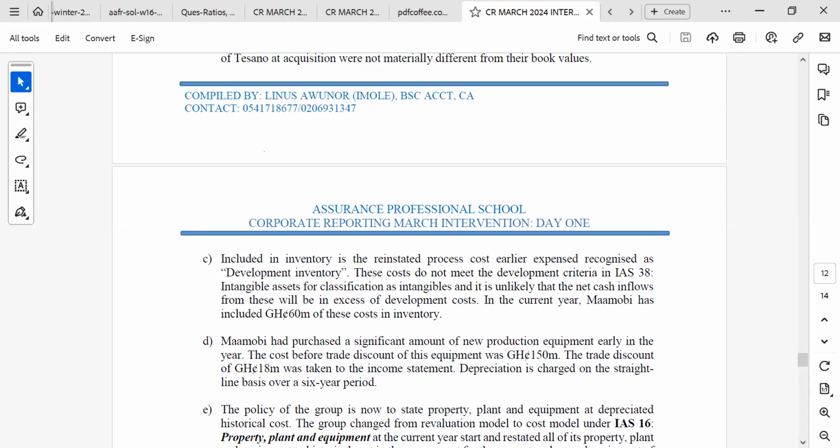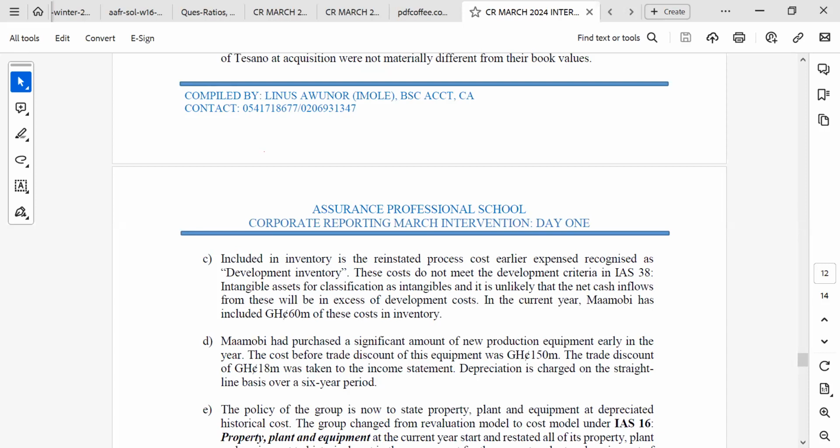So there's a discount that should have been taken out of 150 to record the asset at 150 less 18. So right now the asset has been overstated by 18. And then this 18 has also gone into the P&L as an increase, as an income.